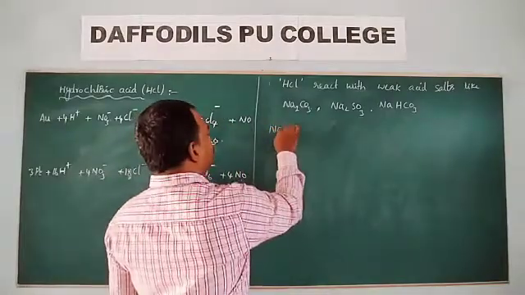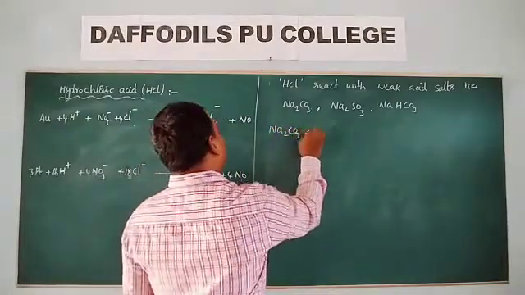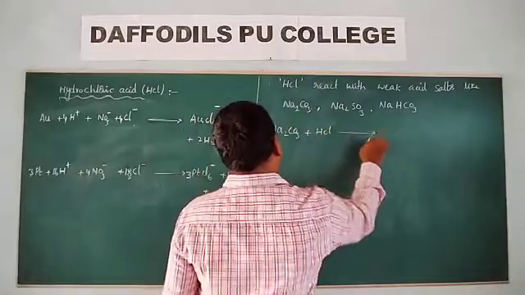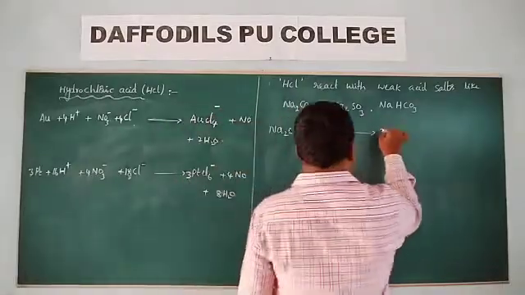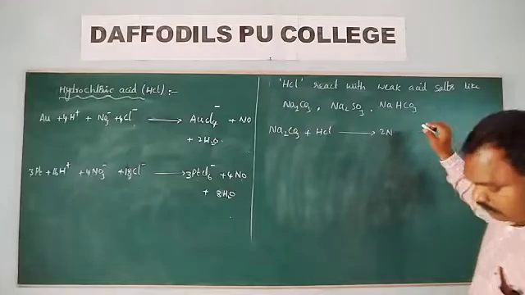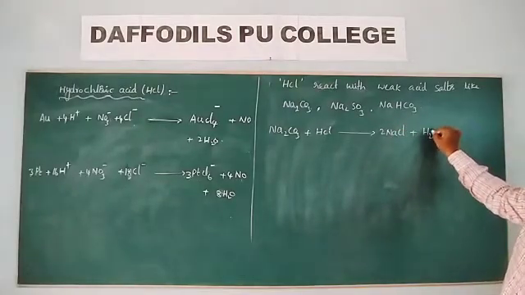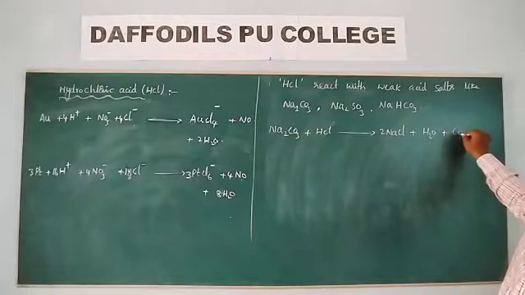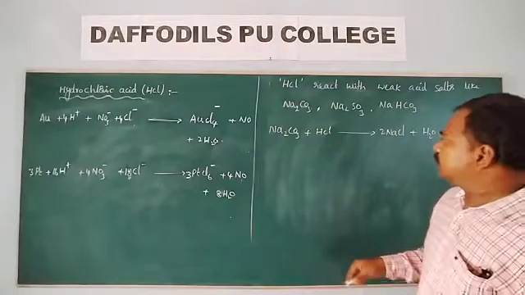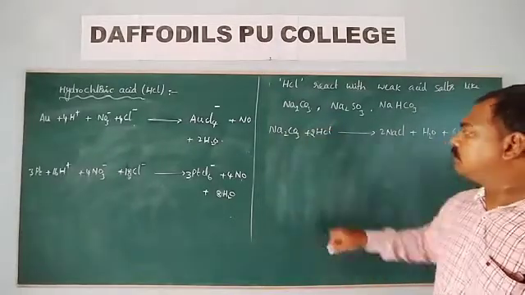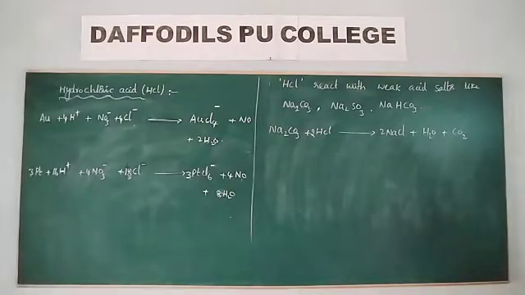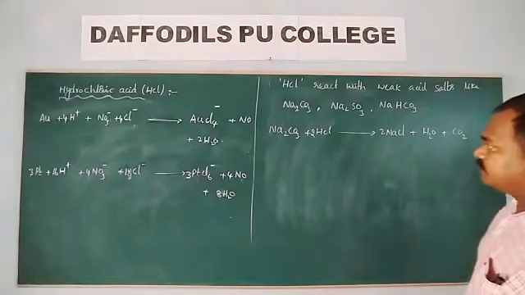So how is this going to react? When sodium carbonate reacts with HCl, you will get sodium chloride plus H2O plus CO2.